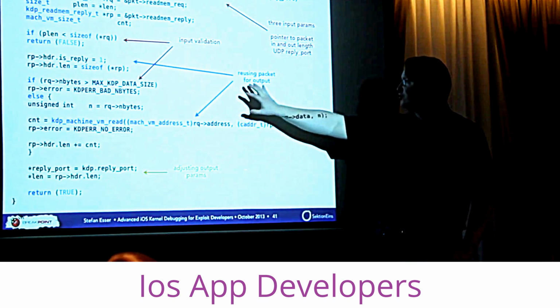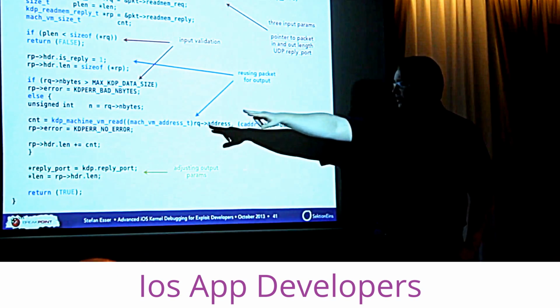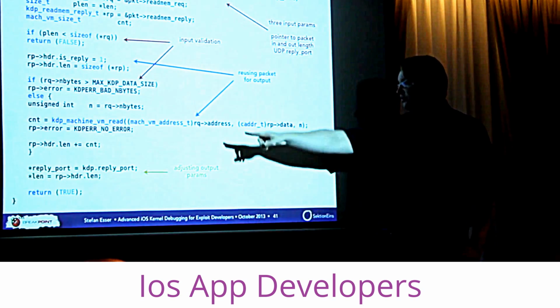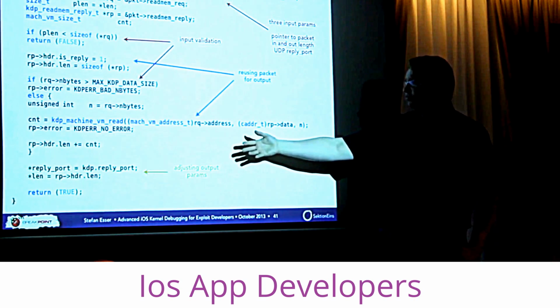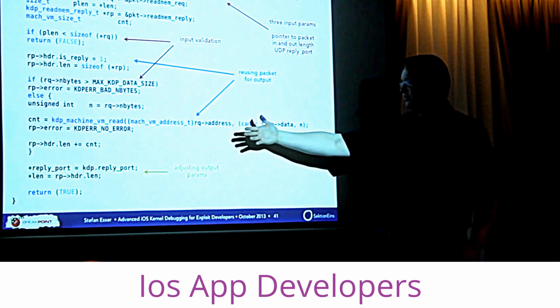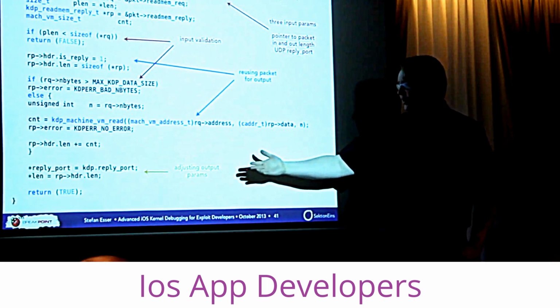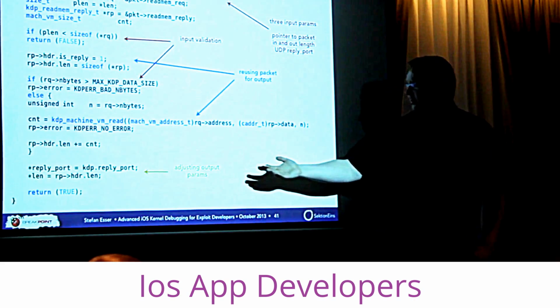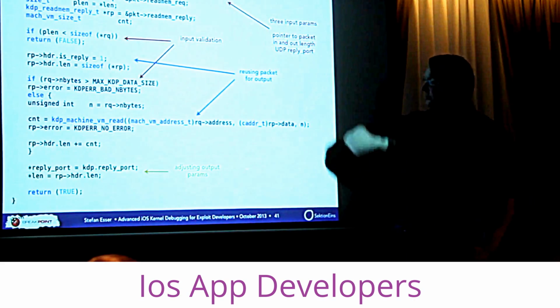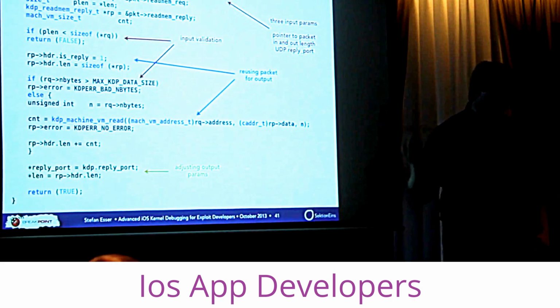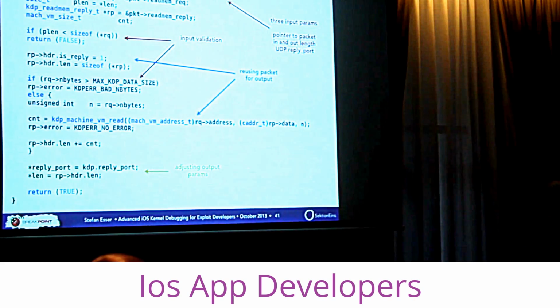Then they do the actual read, which is in a sub-function. Then they adjust the header line again because they now read data into the packet, so they have to tell it it's containing so much data. And then they fill out the reply port and fill out the actual length, and then it returns. So it's actually a very simple way to do that.